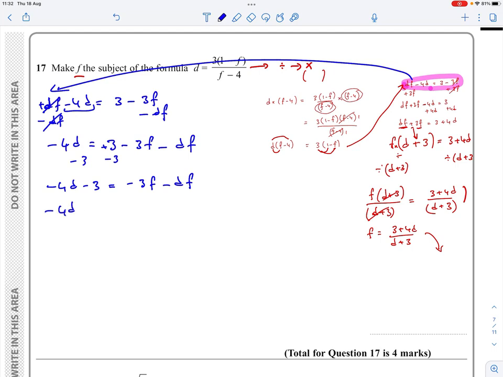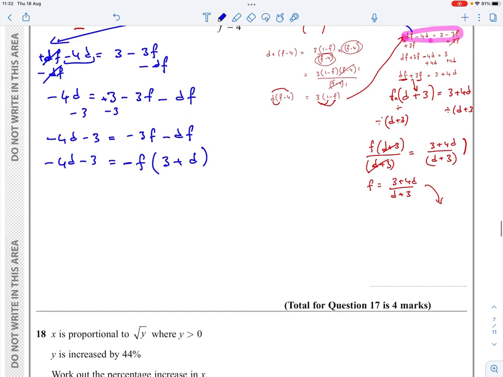Now you could then take away the minus f. You're going to end up with 3 plus d, as you can see. And if you divide, there's a minus here, but there's an invisible 1 there, right? There's minus 1 actually. So if you divide everything by minus 1, what are you going to get?